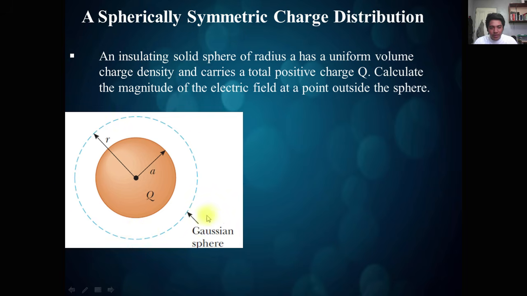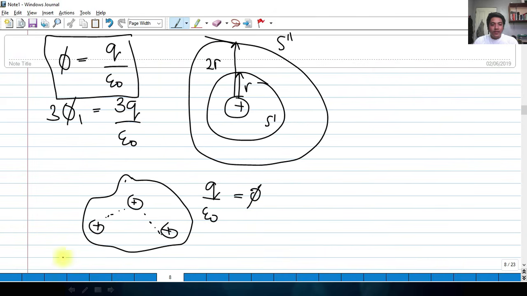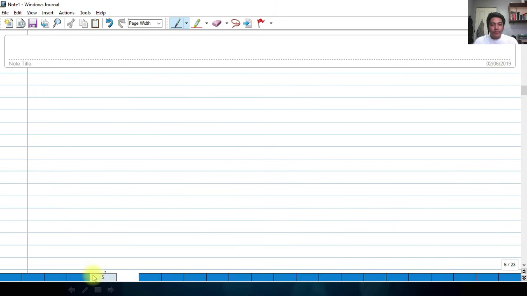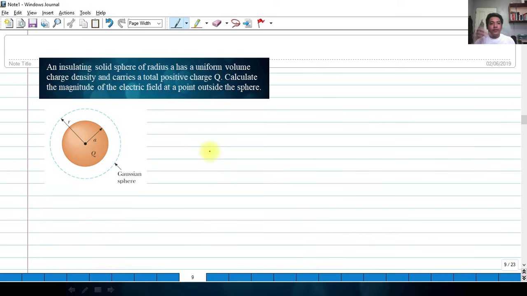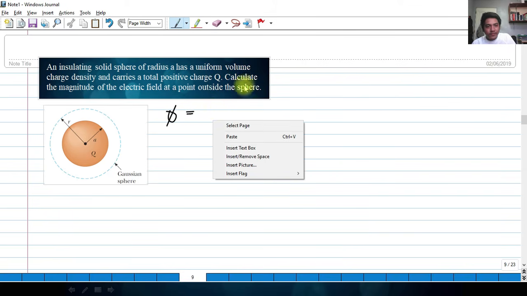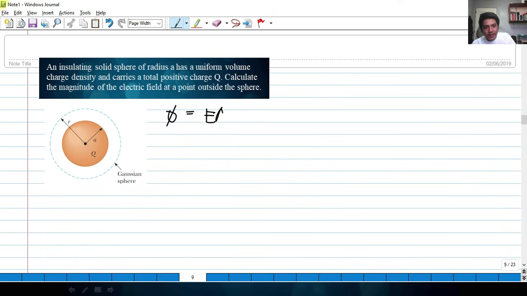As I said a while ago, Gauss's law is useful in determining electric fields. So how are we going to get the electric field of that problem? From our definition of electric flux, that is EA cosine of theta.